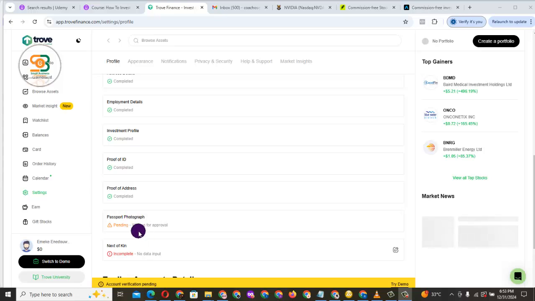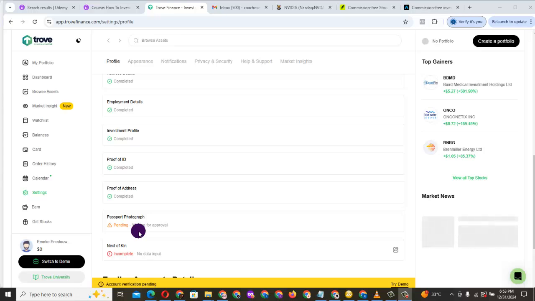You must take a selfie, and that is why you need your mobile phone. For those who are using their laptop or computer to do the registration, when it gets to this selfie, that is the passport photograph, you need to log into your phone. But while you are logging into your phone, don't forget they will send a code to the email you used in registering this account, for verification, in order to give you access to log into your account.